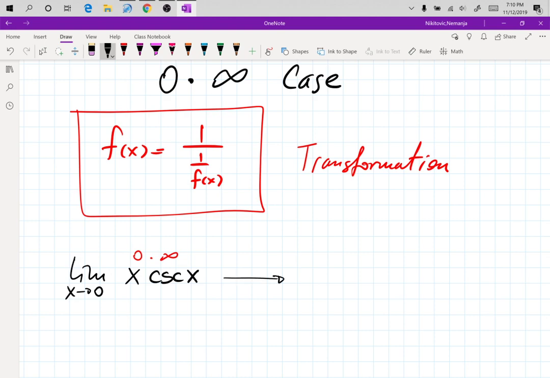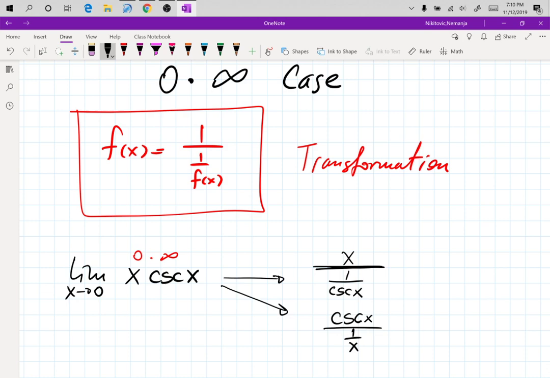You have two choices. One choice is to go 1 over cosecant x, and the other choice is to go cosecant x divided by 1 over x. Because you can put either of the two in the denominator using the transformation above.